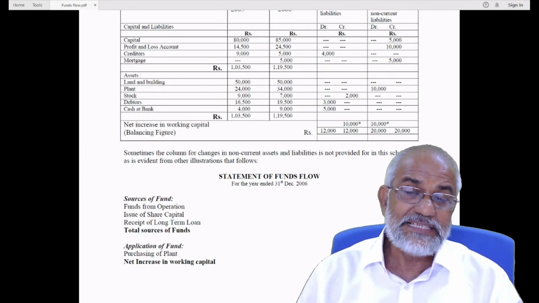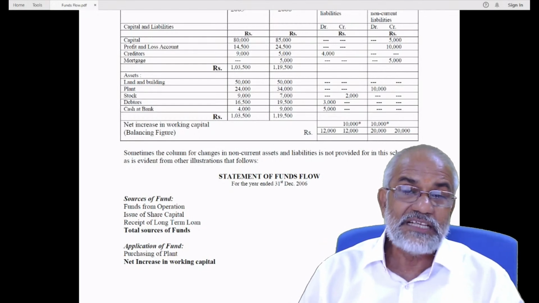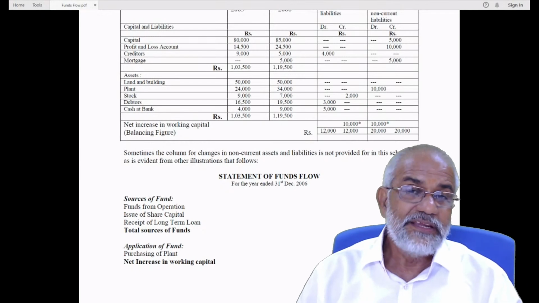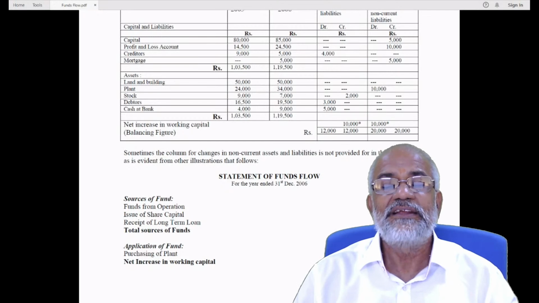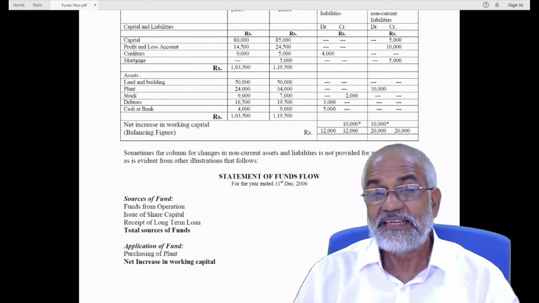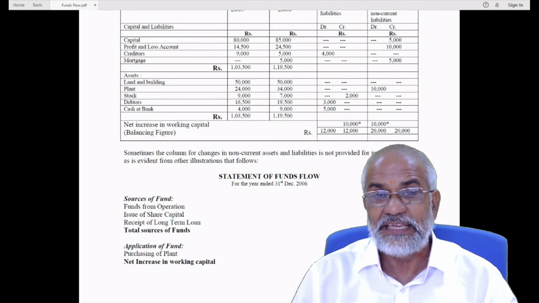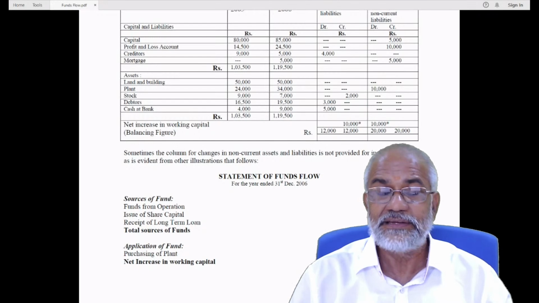And when we make the balancing figure, it would be not 10,000 as computed earlier, it would be 12,400, and that 12,400 debited to plant and machinery obviously signifies that the addition to plant and machinery is 12,400, not 10,000 as calculated earlier.